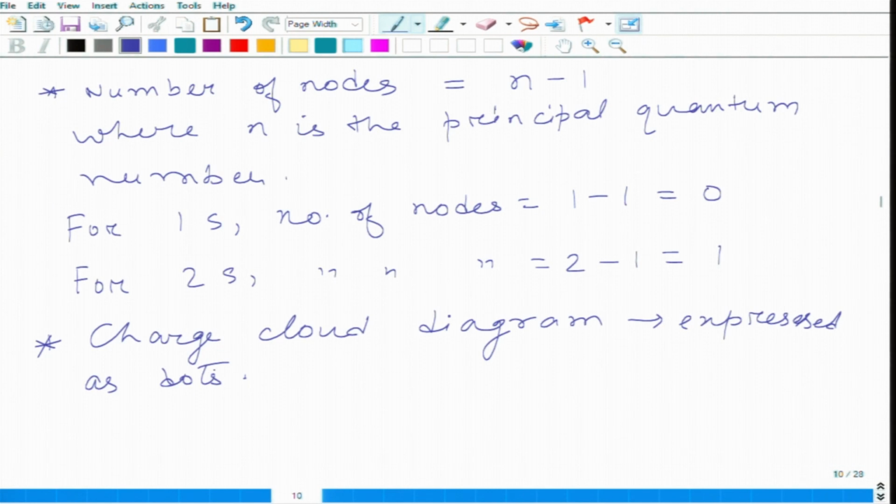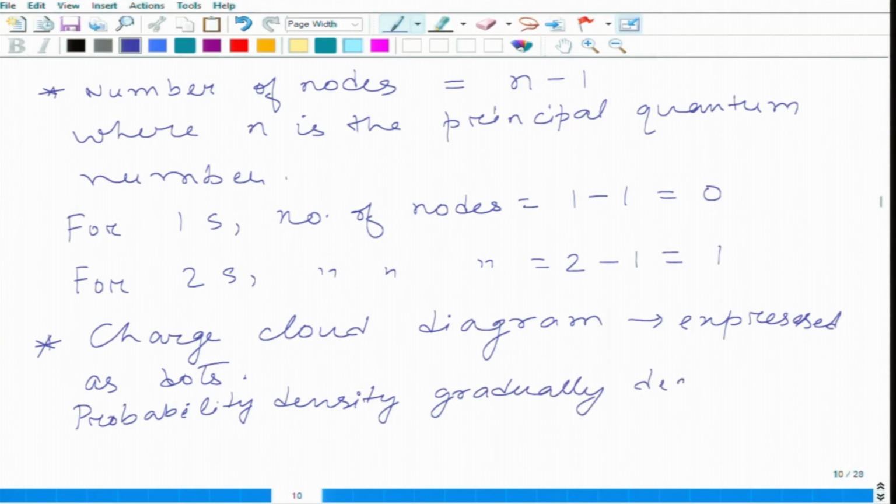In the charge cloud diagram, the density doesn't remain constant; the probability density gradually decreases away from the nucleus.